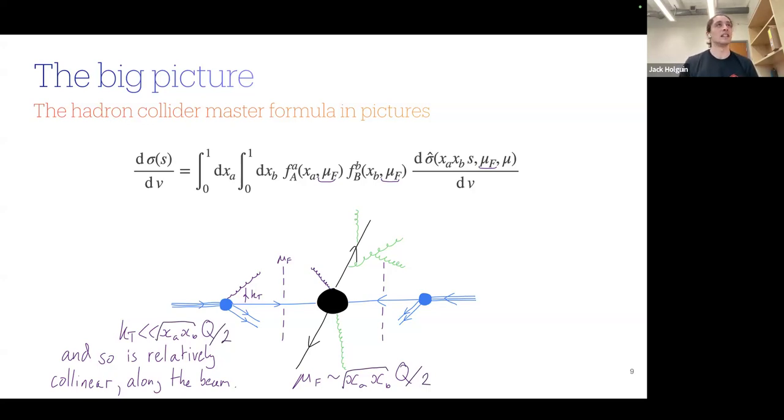Now, this actually, I think, is more intuitive if you think about it in position space. So transverse momentum in position space is talking instead about the transverse separations between things, transverse wavelengths that are being probed. And high transverse momentum is probing very short scales, short distances.